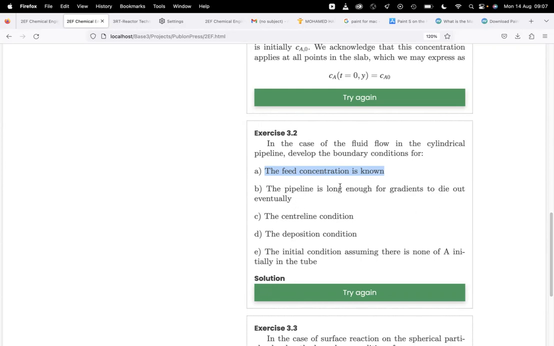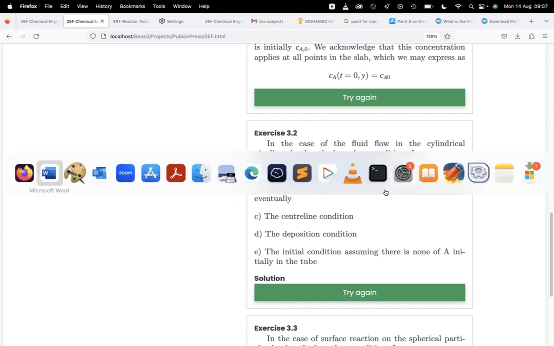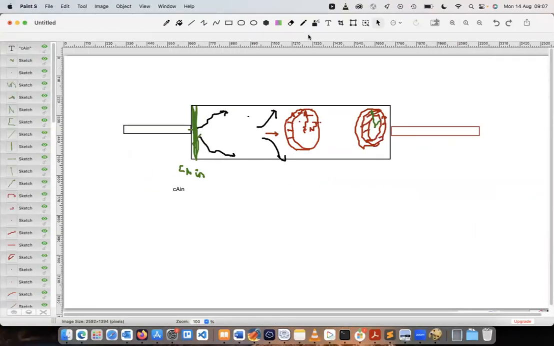If it's long enough for gradients to die out eventually, that means by the end of the pipe, we don't have a gradient.